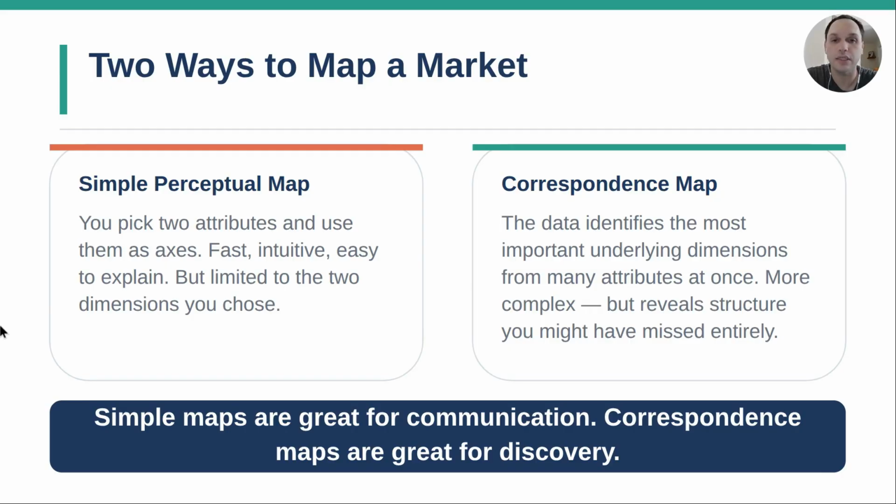Correspondence analysis takes many attributes, often 10, 15, or more, and identifies the two most important underlying dimensions from all of them simultaneously. It's more complex to produce and harder to explain to a non-technical audience, but it reveals structure you might have missed entirely. Simple maps are great for communication. Correspondence maps are great for discovery.